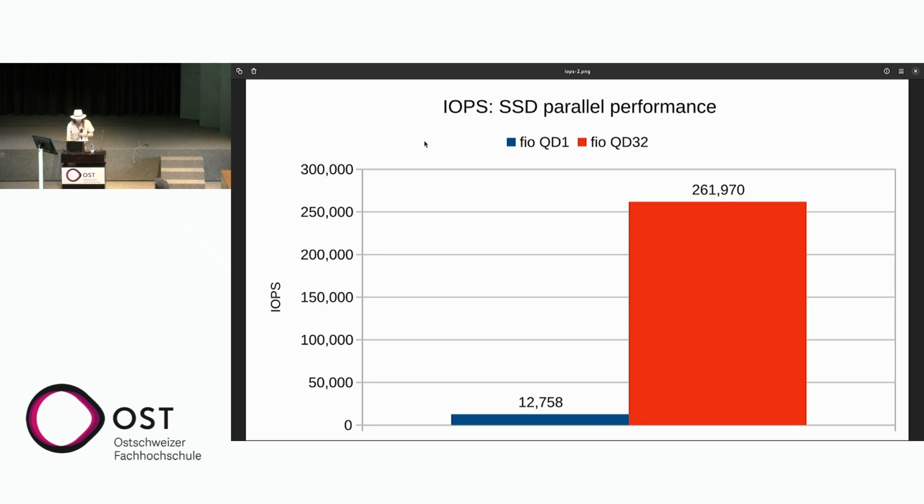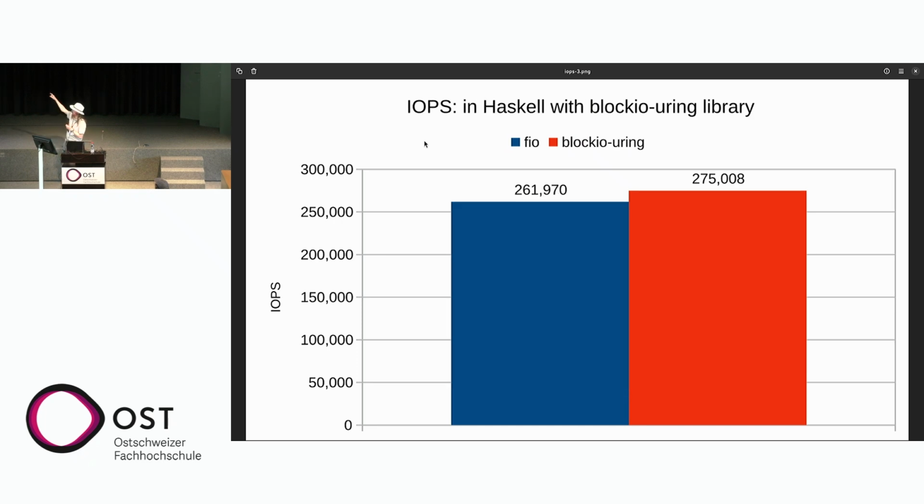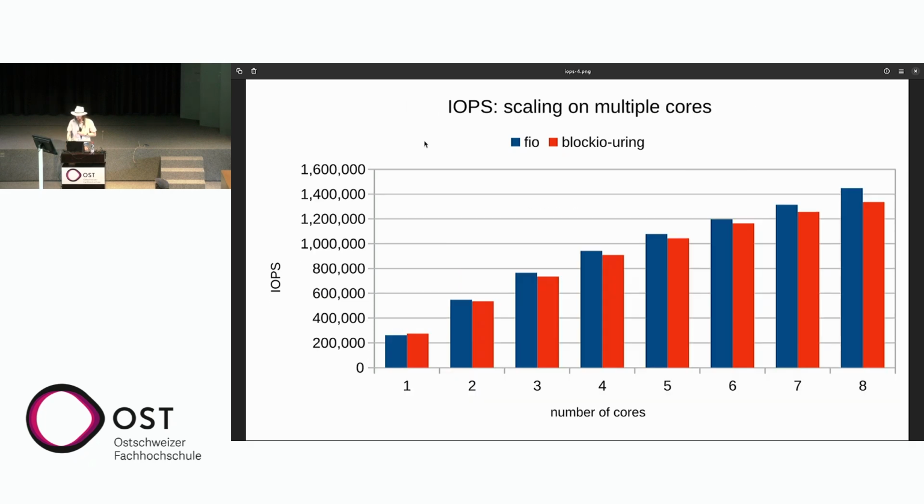But there is hope. With our library that we published this weekend, the one on the right, you can get the same performance as FIO. That is the same benchmark, but run with our Haskell program. It uses quite a nice high-level API, but I won't go into it. But wait, there's more. That's not 1 million IOPS, and my laptop supposedly can do 1 million.